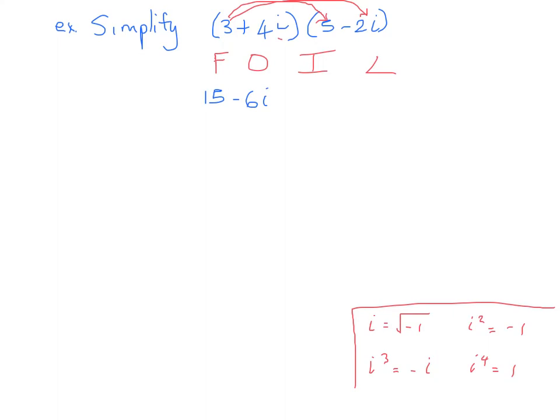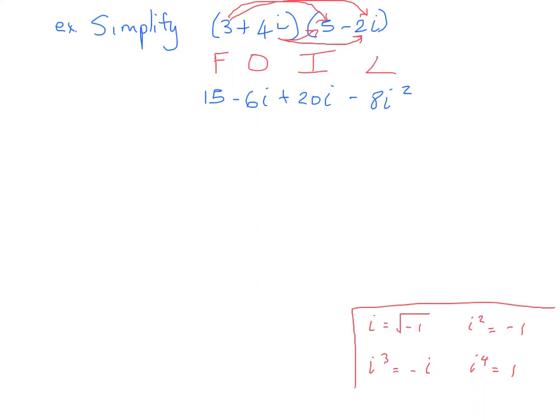Inner, 4i times 5 gives 20i. And last, 4i times -2i gives -8i squared.